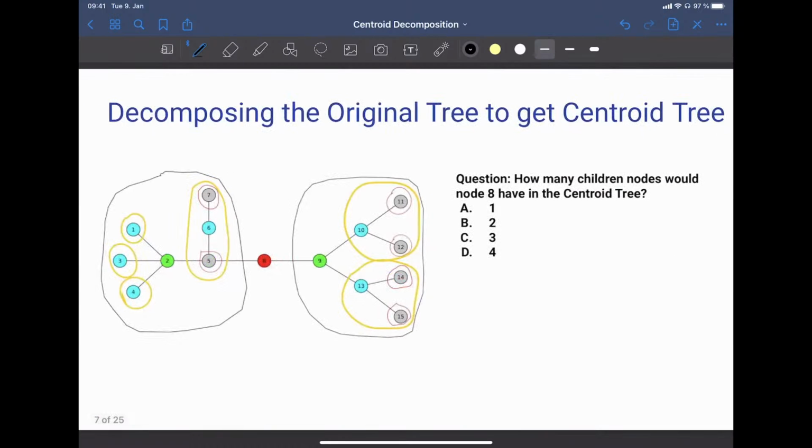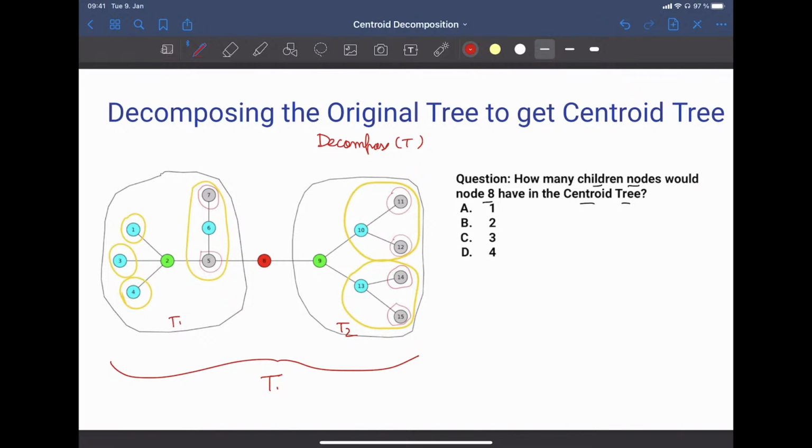Okay. So suppose we have another question: how many children nodes would node 8 have in the centroid tree? As we discussed earlier, how would the centroid tree look? You will call decompose on T. This whole is T, this part is T1 and this part is T2.